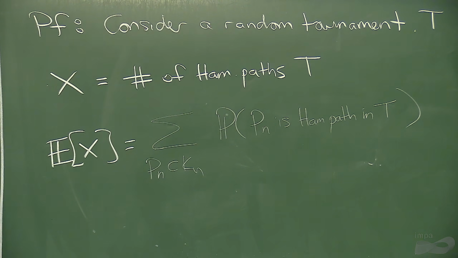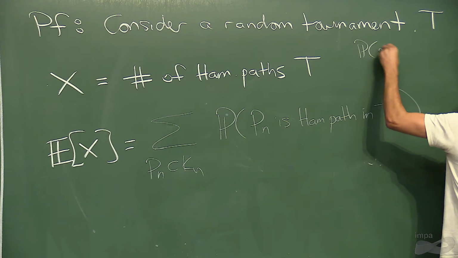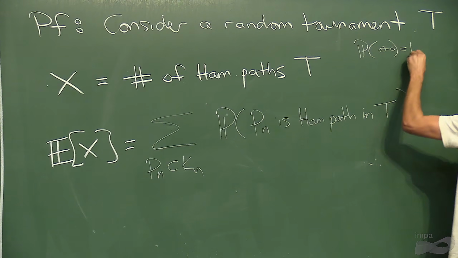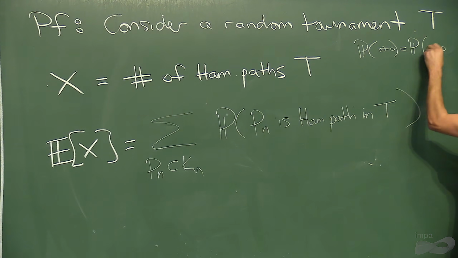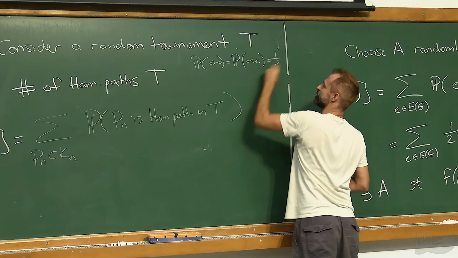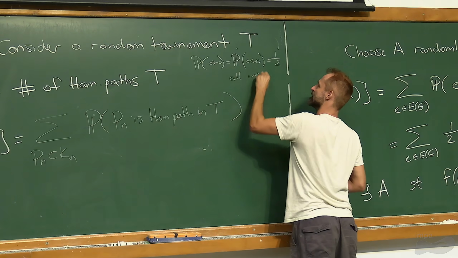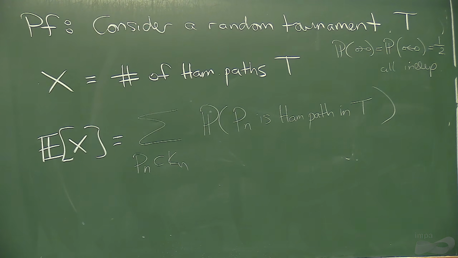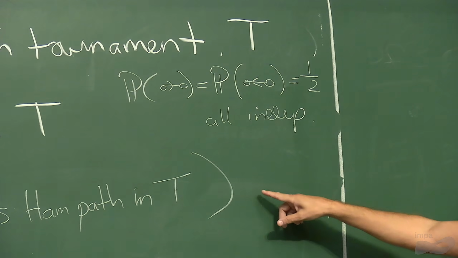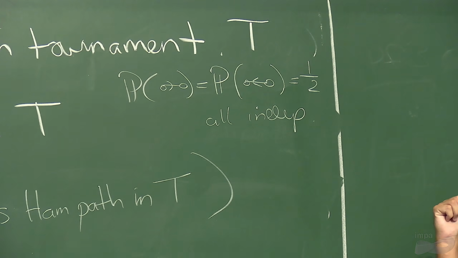Yeah, exactly. In this random tournament, we're just picking: the probability an edge goes this way equals the probability an edge goes the other way equals a half, all independently. So for each edge, we just flip a coin. All of them have to go to the right.